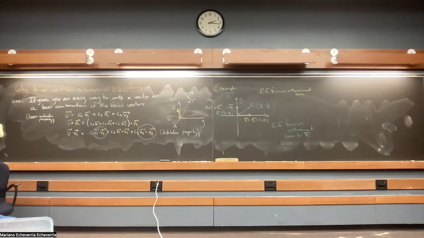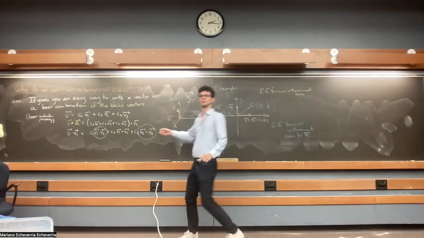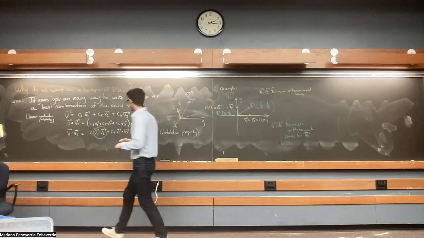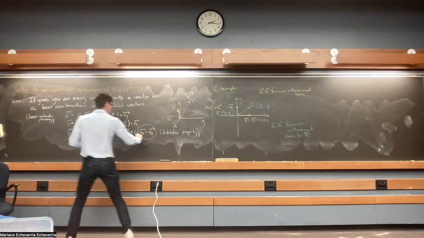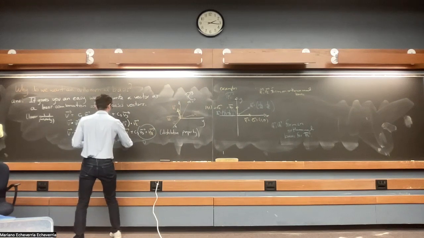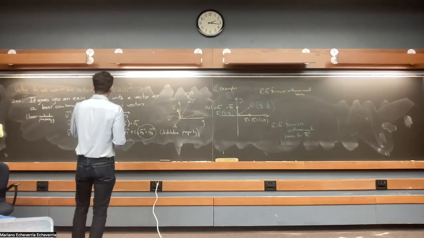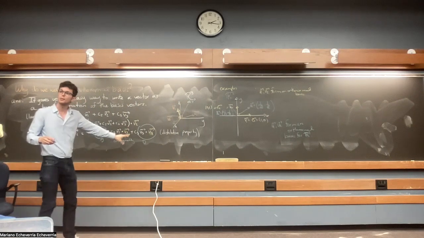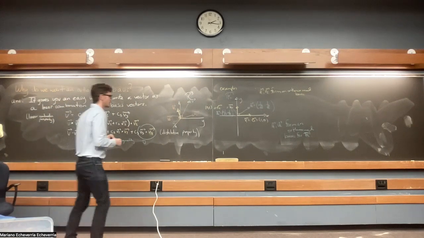Being mutually perpendicular means their dot product is zero, because the angle is 90 degrees. This is the orthogonality property. So of the three things in the sum, only one survives.